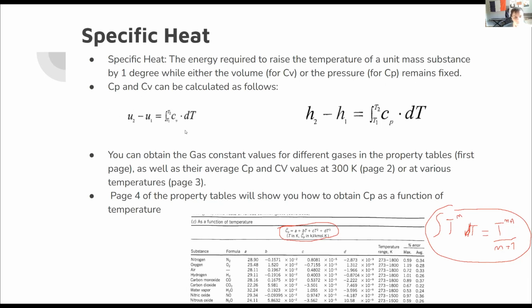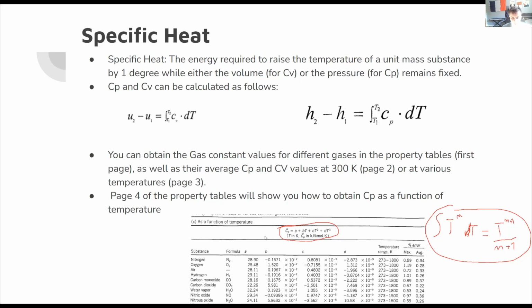And you can find CV, CP, or the change in specific internal energy or specific enthalpy using these equations. You would integrate with respect to the two different temperatures that you find for the two states that you're studying, and get the value.